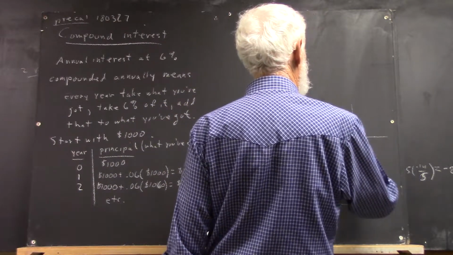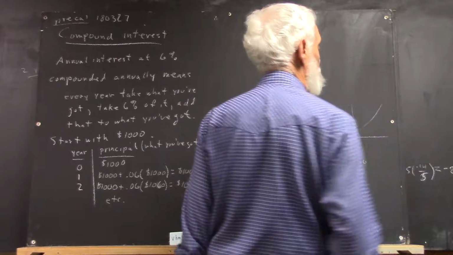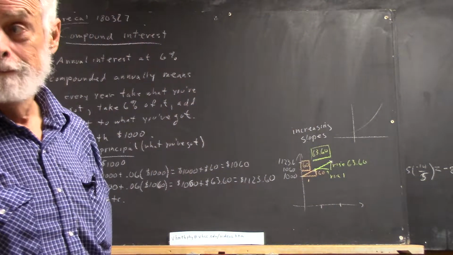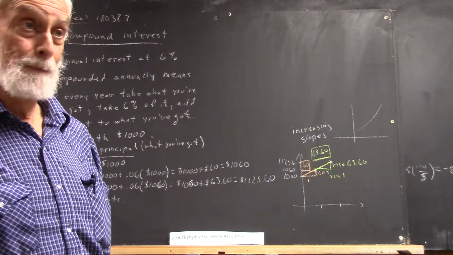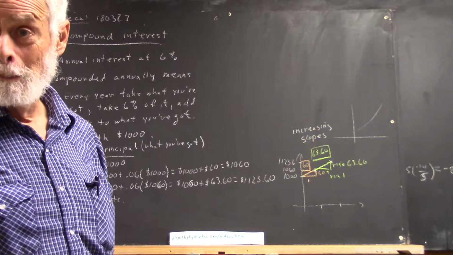Also, what's the shape of the curve that you get? It's the same as the shape of the 2 to the x curve, if you relabel it. Okay?